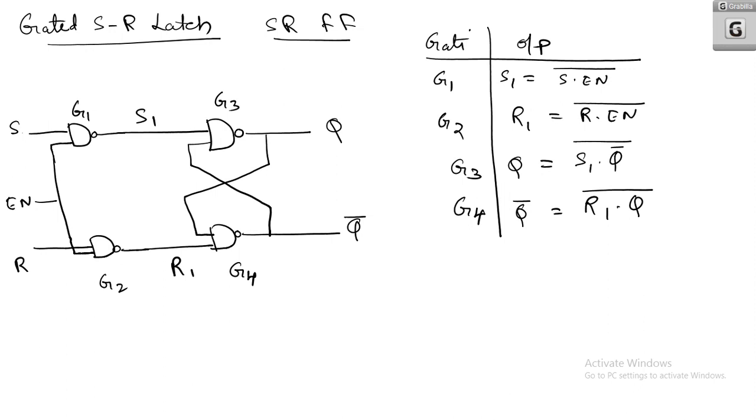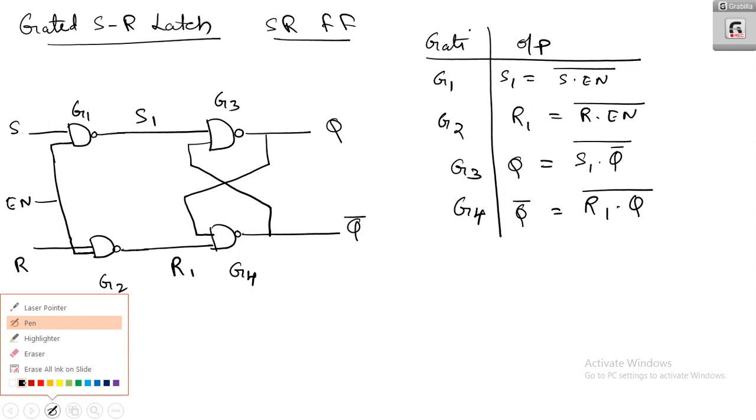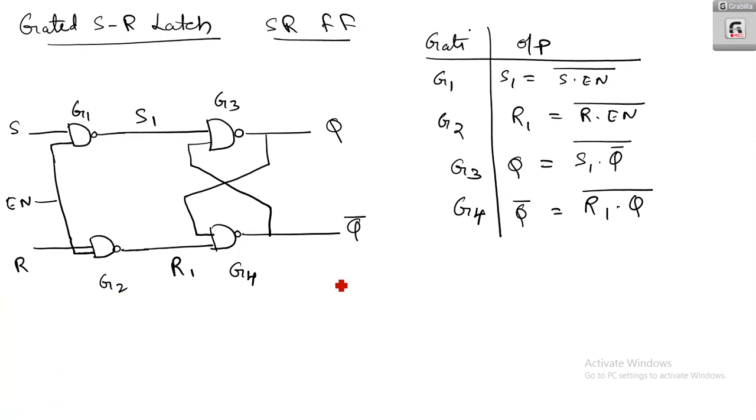Now I am going to play with these expressions. Suppose I make enable equal to 0. When enable is 0, S1 is S dot 0, the whole bar, that is 0 bar, which is 1.